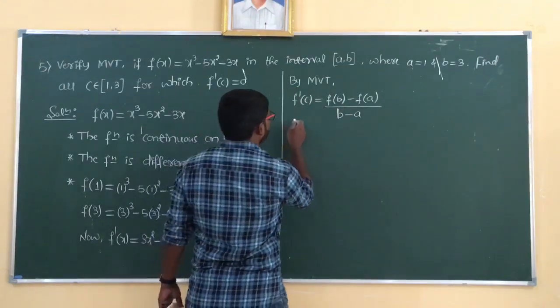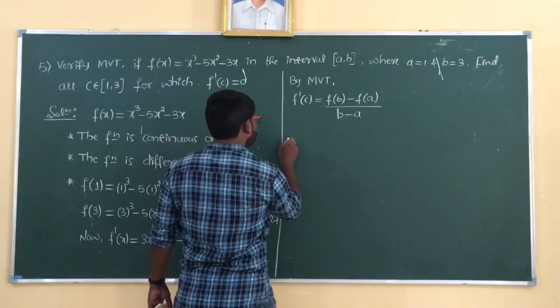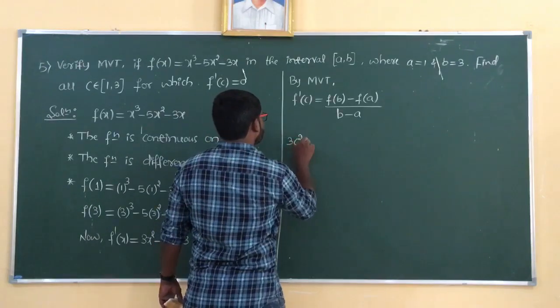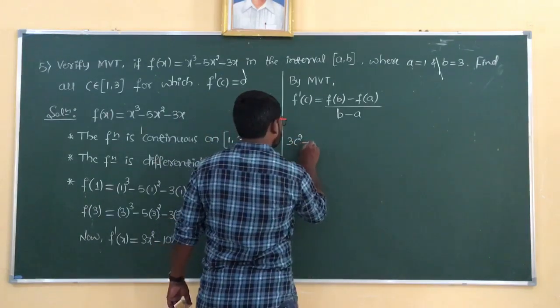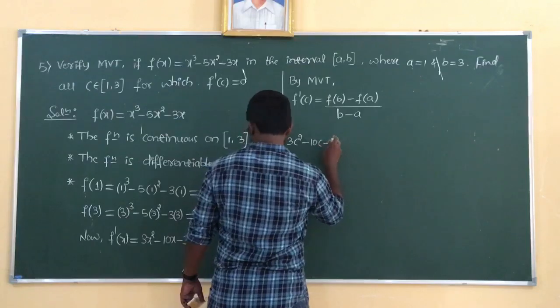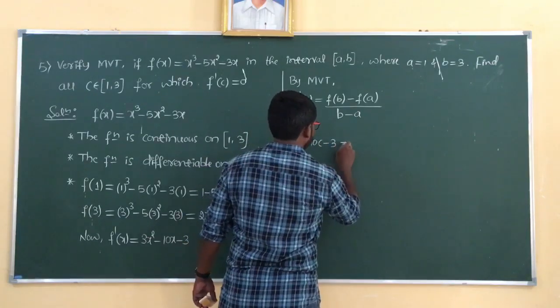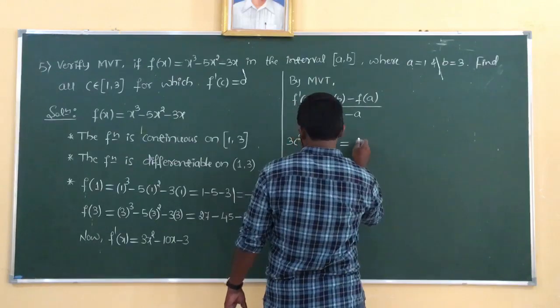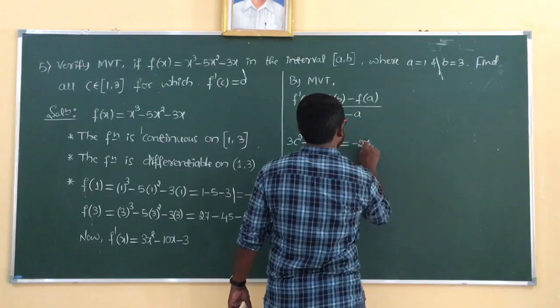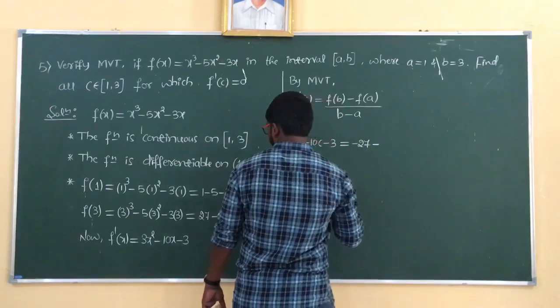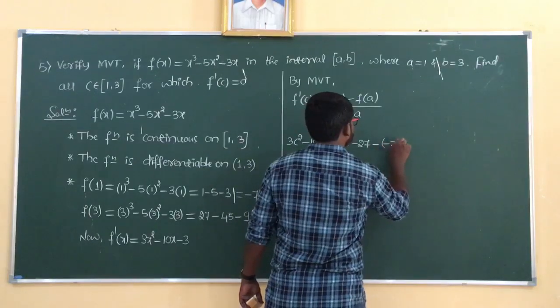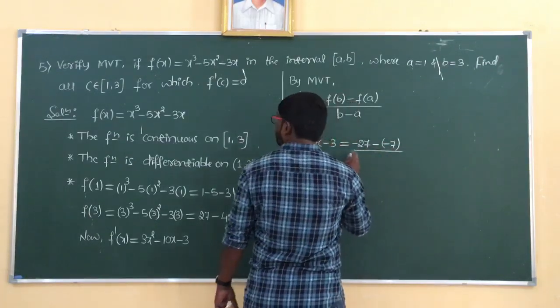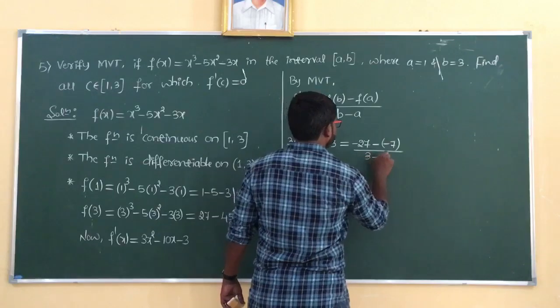So what is f dash of c now? 3c square minus 10c minus 3 is equal to f of b, which is minus 27, minus f of a, which is minus 7, divided by b minus a, that is 3 minus 1.